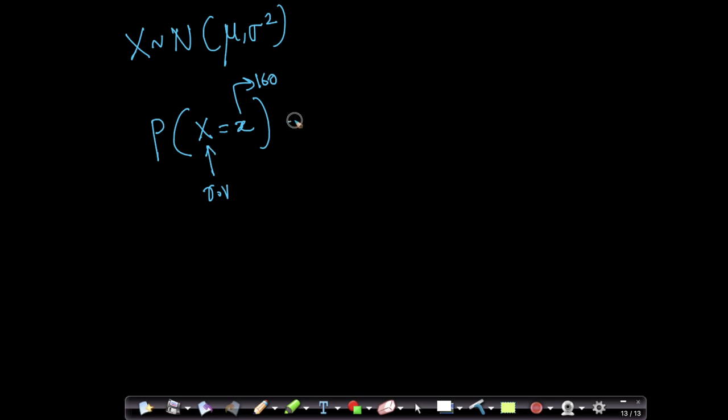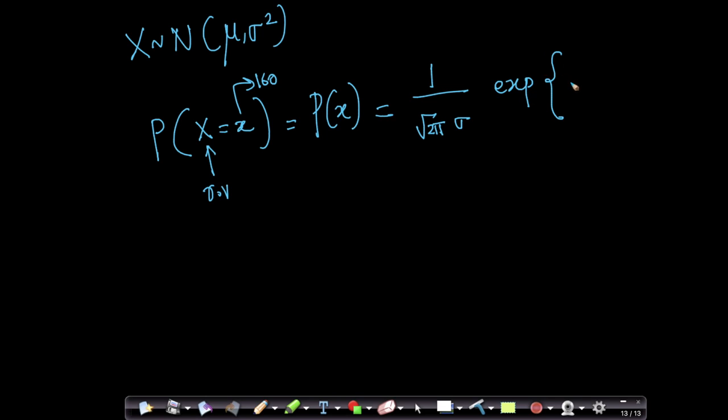So this is often in short written as probability of x equals to, this is a notation that we saw earlier, at the start of this chapter. It's a very simple notation to follow. So this is nothing but 1 by root 2 pi sigma exp minus x minus mu square by 2 sigma square, right?